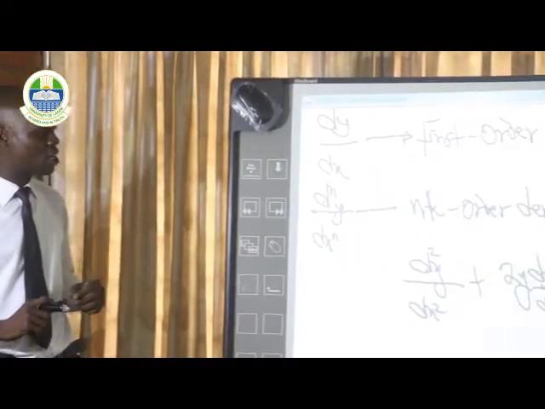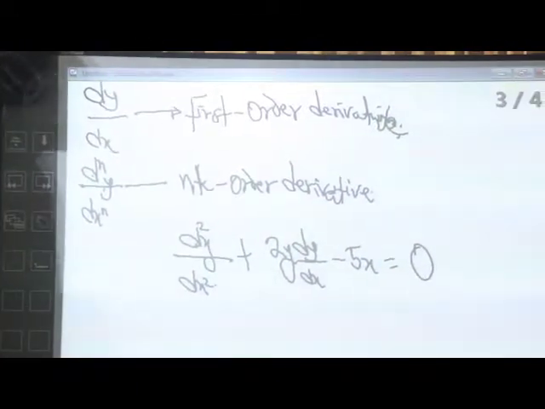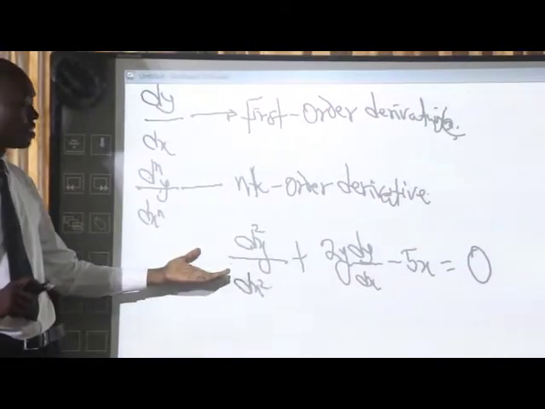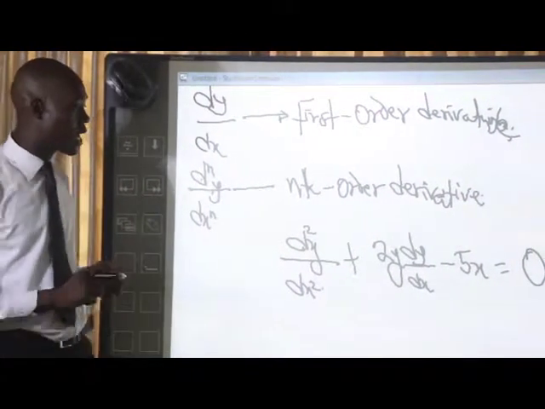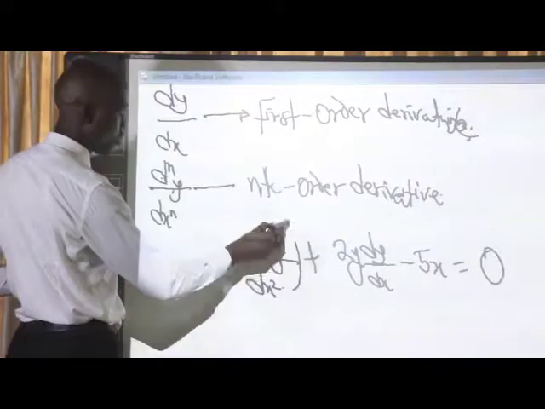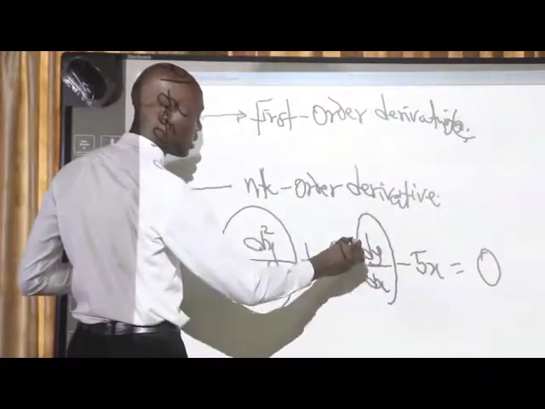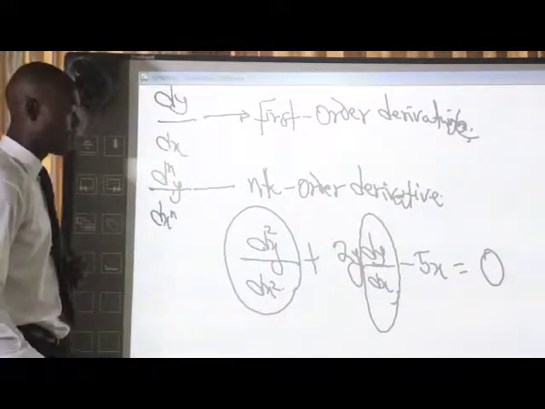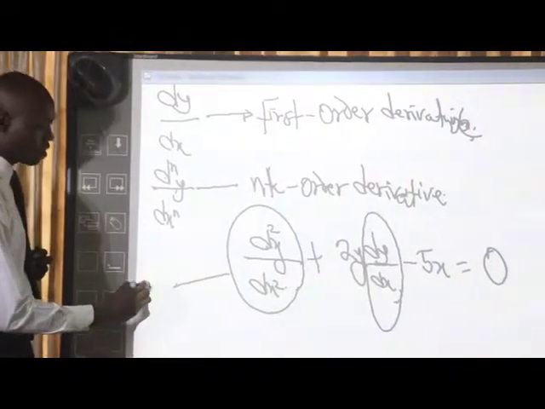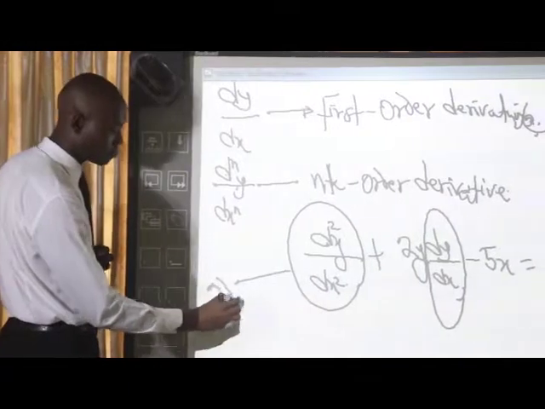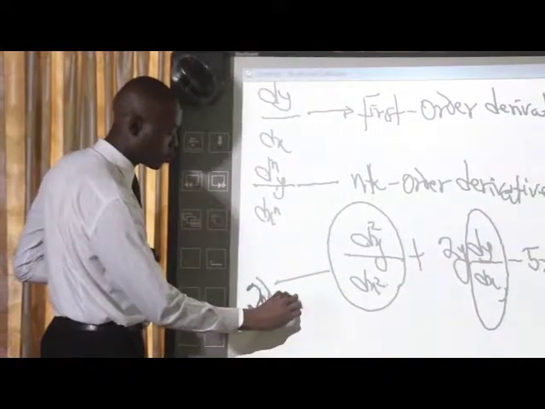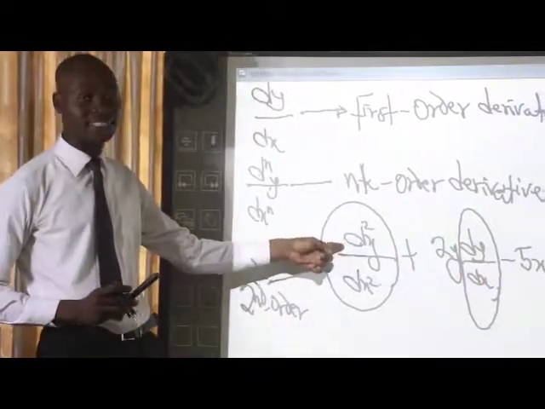To determine that, look at the derivatives this equation contains. We have two derivatives. This is a second order derivative because we have differentiated y twice.